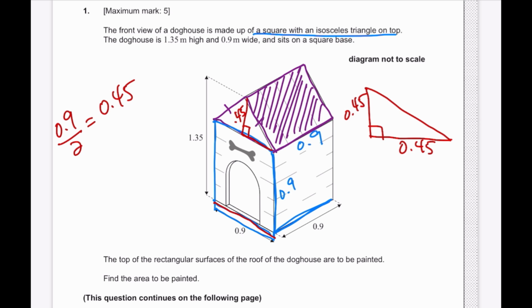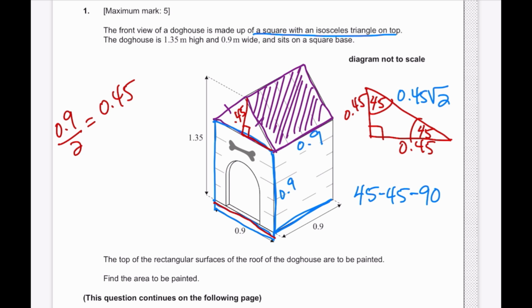This is an isosceles triangle, so I have a 45, 45, 90 triangle, which means that I can figure out the hypotenuse by using what I know about special right triangles: in a 45, 45, 90 triangle, to go from one leg to the hypotenuse, you multiply by the square root of 2. So I know that this hypotenuse is 0.45 times the square root of 2.